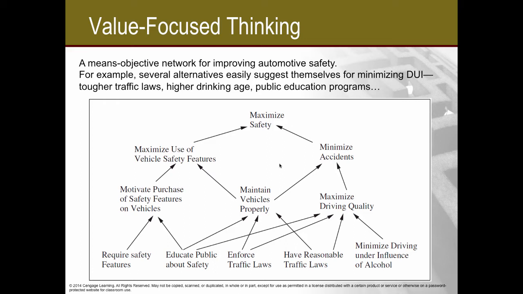And then maximizing driving quality provides a whole range of new alternatives, like, for example, having reasonable traffic laws, or minimizing driving under the influence, DUI of alcohol, right? For example, requiring safety features that help with the hardware and also the car itself. And also it maximizes use of vehicle safety features, and eventually we reach maximizing safety, which is the fundamental objective.